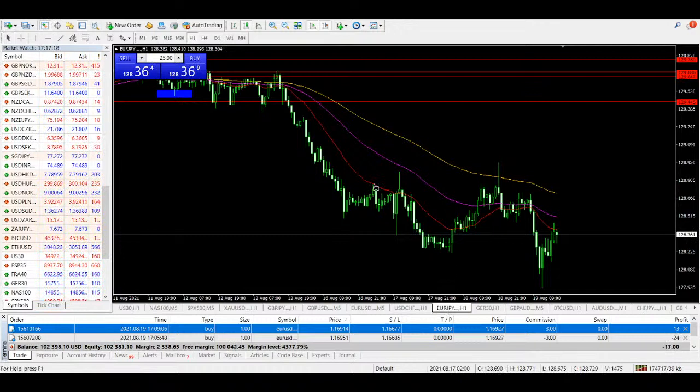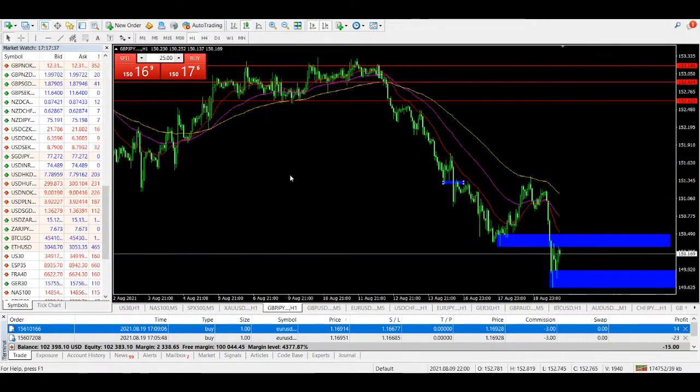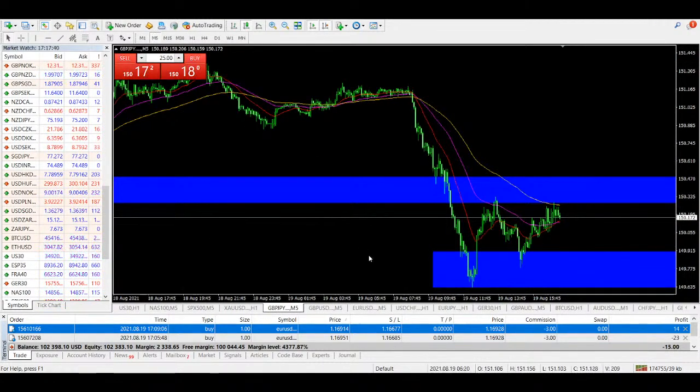So it looks like Euro's actually pretty strong. So EURJPY is kind of telling me it's going to go north, but GBPJPY to me looks kind of bearish.